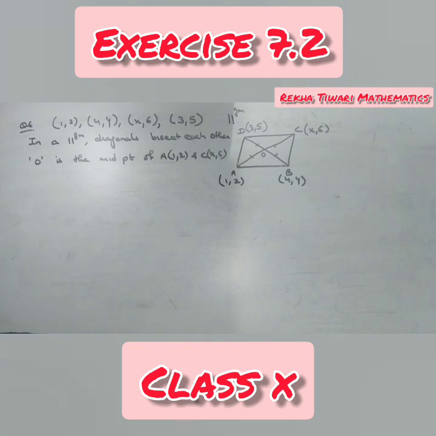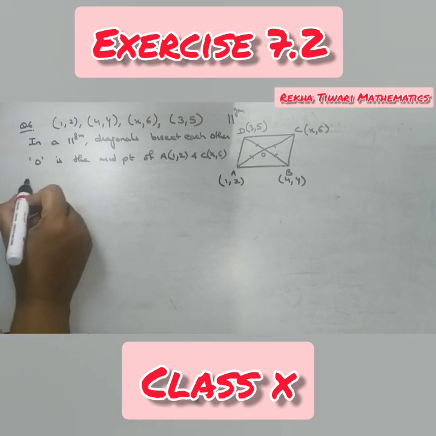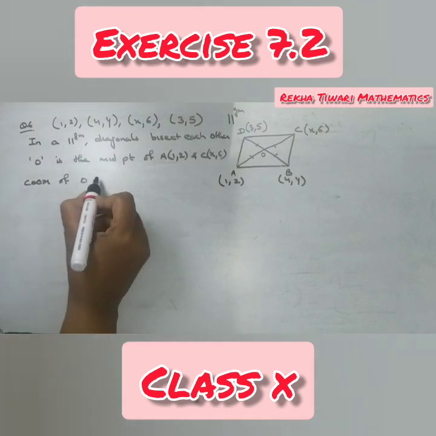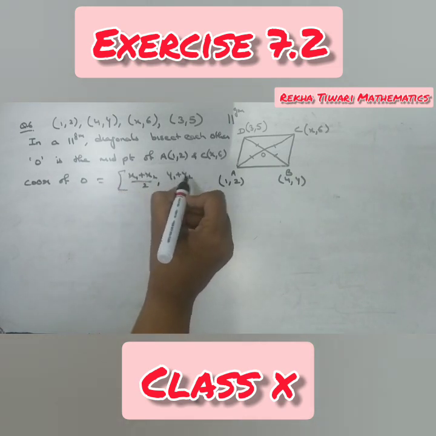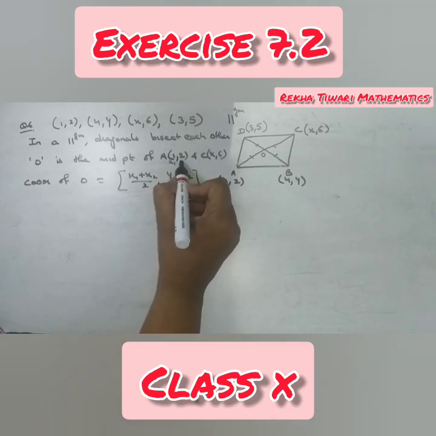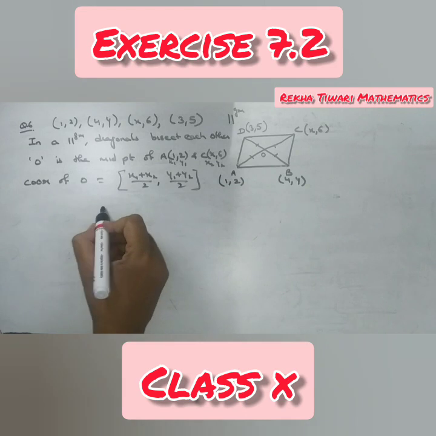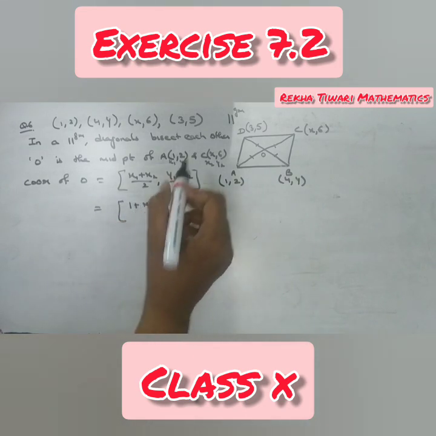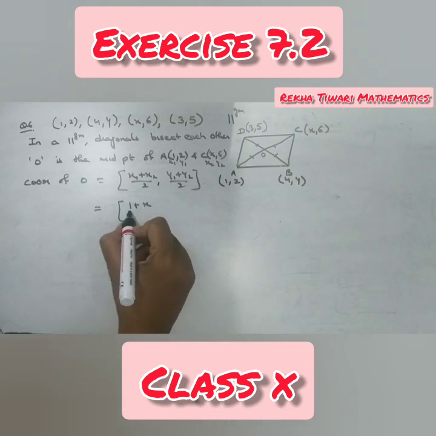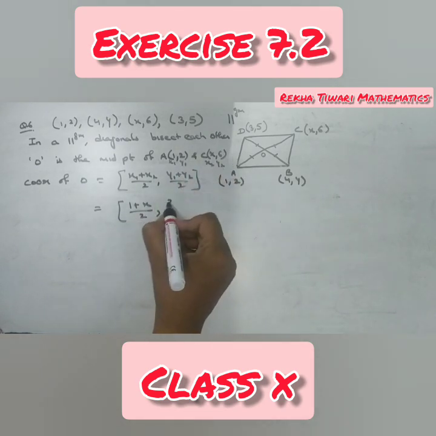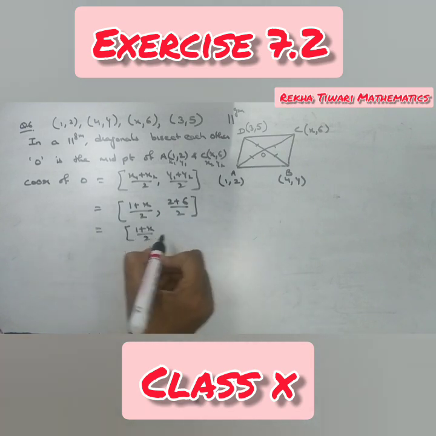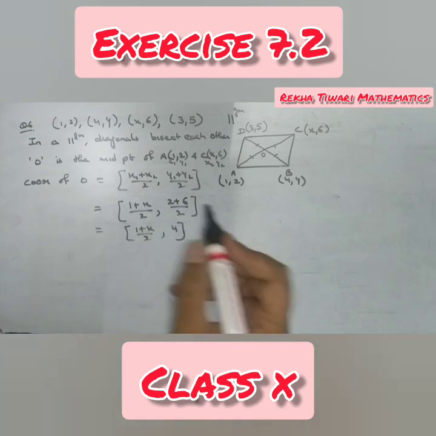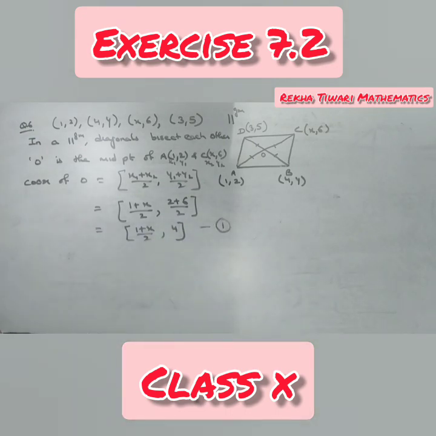And if O is the midpoint of AC, I can find out the coordinates of O. What is the formula for midpoint? This is x1 plus x2 by 2, y1 plus y2 by 2. This is x1, y1, this is x2, y2. So 1 plus x, x1 is 1, x2 is x, upon 2, 2 plus 6 by 2. So this is 1 plus x by 2 comma 8 by 2, that is 4. This is the coordinates of O. Take it as equation number 1.